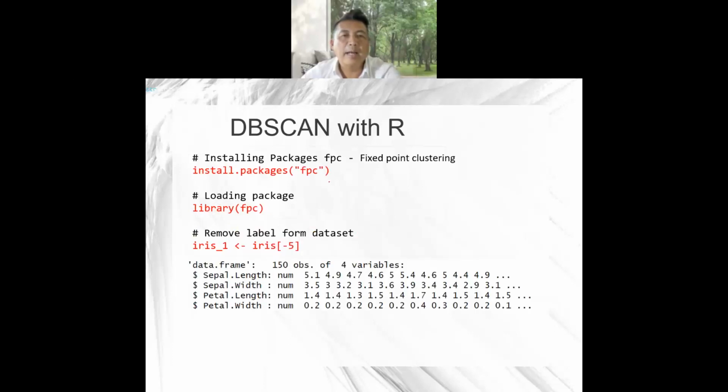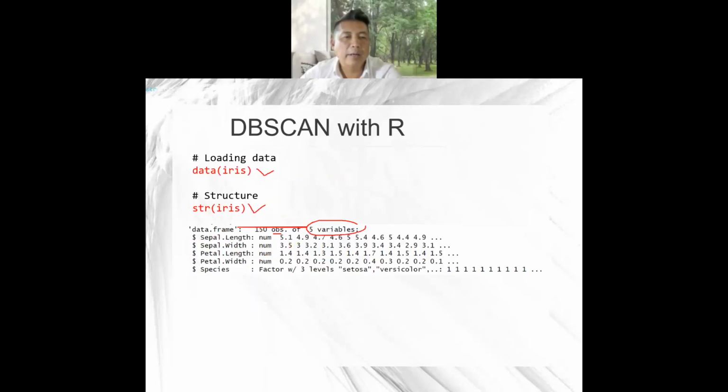Then we install this one, FPC, fixed point clustering, and then we load this package. Then this is just data cleaning, meaning that we will remove the 5th column. Initially we have this, but we don't need this one because we only need the first 4. So we remove this one.